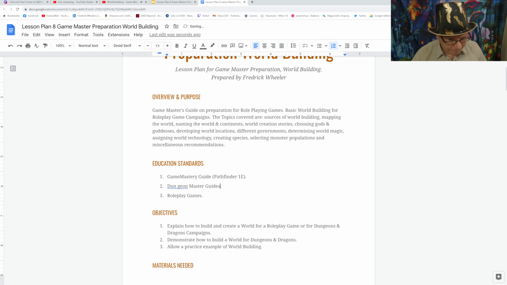There's a lot of them, and almost all of them have stuff in there. I'm just going to put game or Dungeon Master guides, role-playing games. Is there anything else that I really feel like I need to mention? I'm really not too sure what to do with this, but it's the only thing.